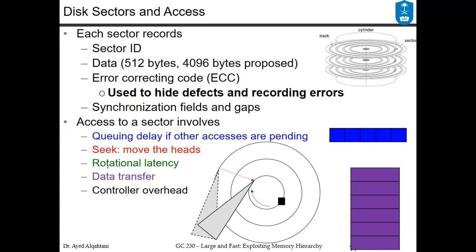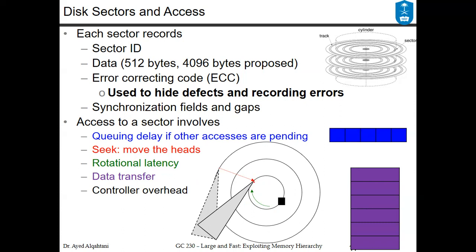And then you have the rotational latency. If you are trying to access this sector, it's really far away, so you need to move half a circle until you reach the head, in the worst case.